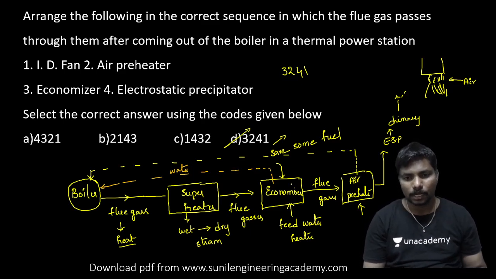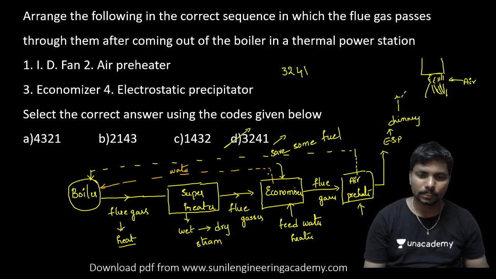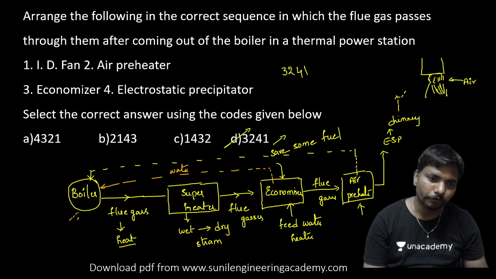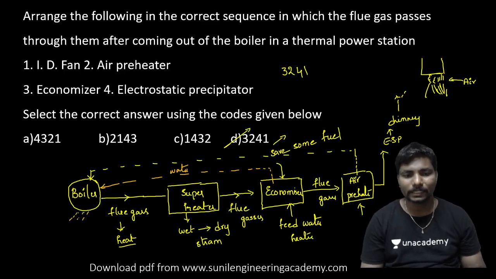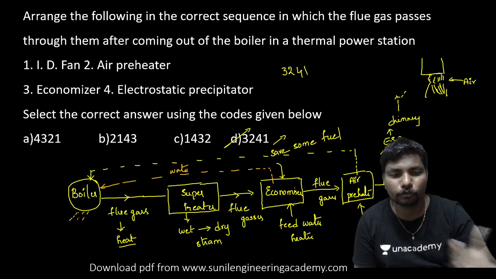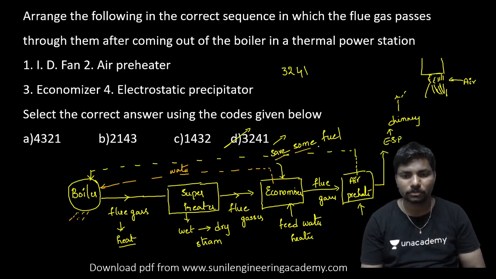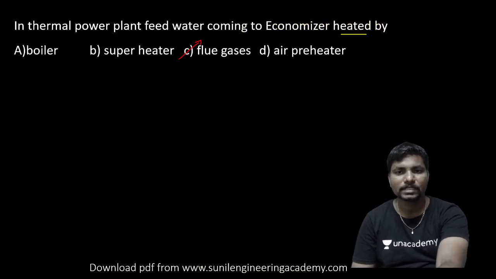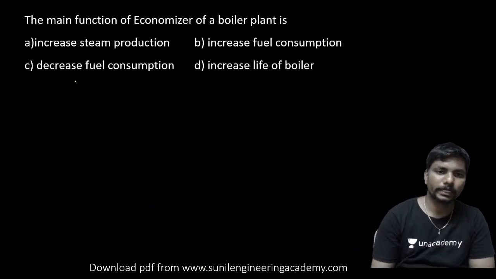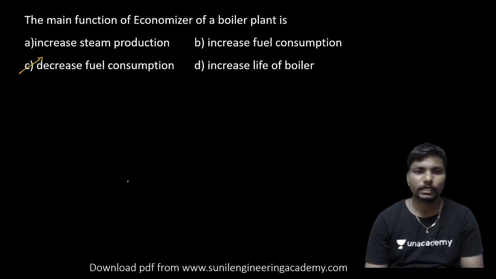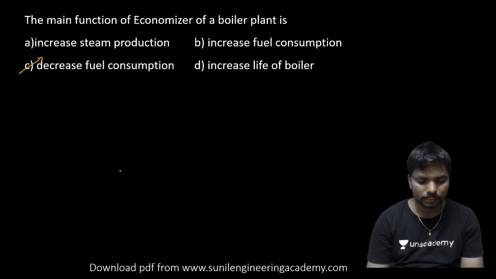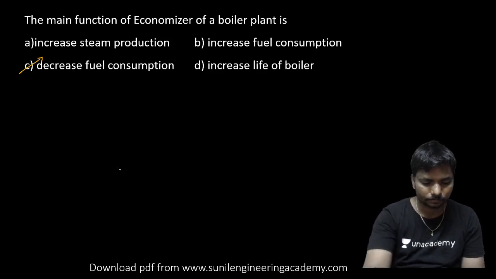So water is already getting some heat in the economizer, then a smaller amount of fuel is enough to get the steam. That means some amount of fuel, some amount of coal, is saved. So it decreases the fuel consumption. The answer is option C.